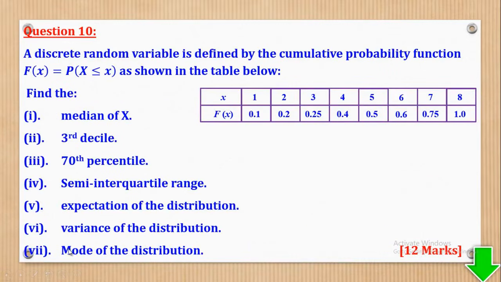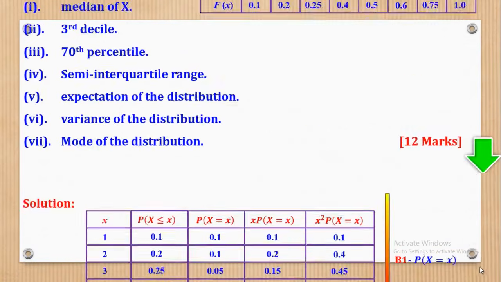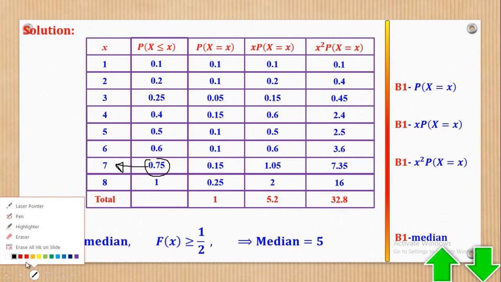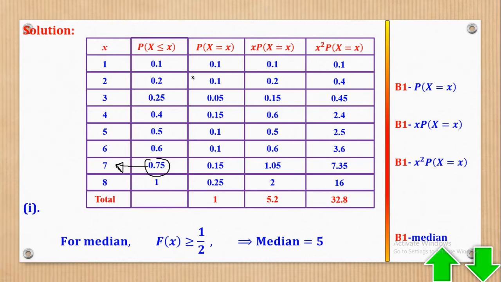And lastly, they want the mode of the distribution. Mode is the value of x with the highest probability. So we shall come here in the column of probabilities and look for the highest probability. When you look through this, you realize that this is the highest probability. Therefore the corresponding value of x becomes our mode.